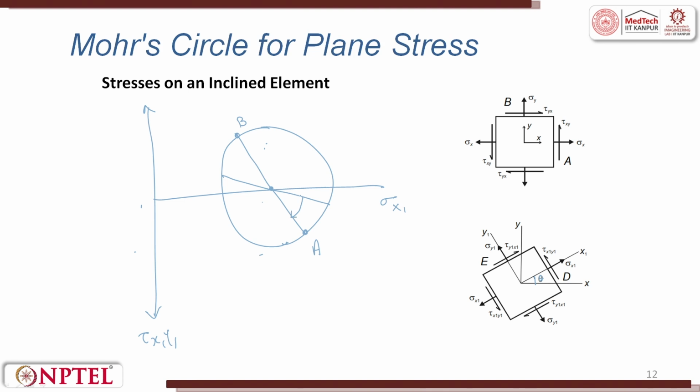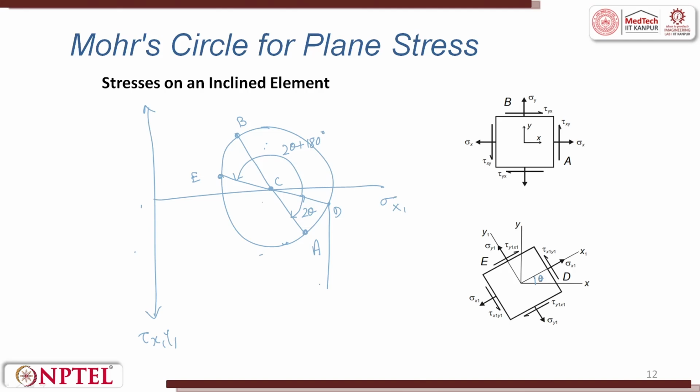This is the 2 theta shift, and this angle will be 2 theta plus 180 degrees. Now, this point becomes your E point, this point becomes your D point, and this is your C.